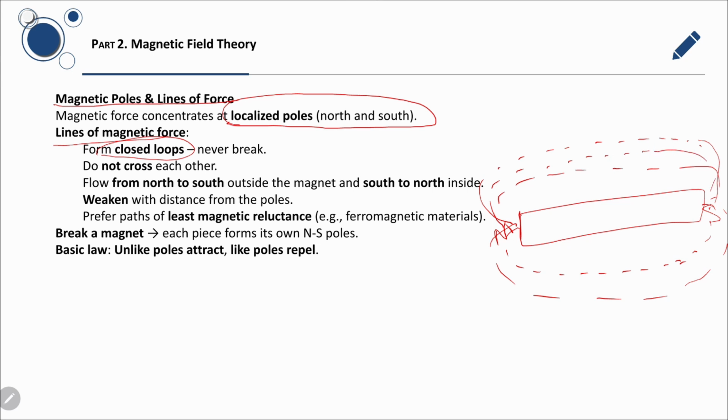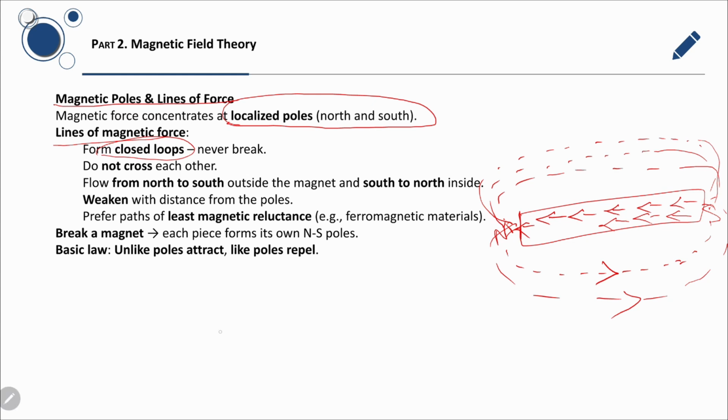Outside the magnet, they are considered to flow from the north to the south pole, and inside the magnet, they flow from the south pole to the north pole to complete the loop. These lines weaken with distance from the poles. The magnetic field strength is based on the number of magnetic lines of force.